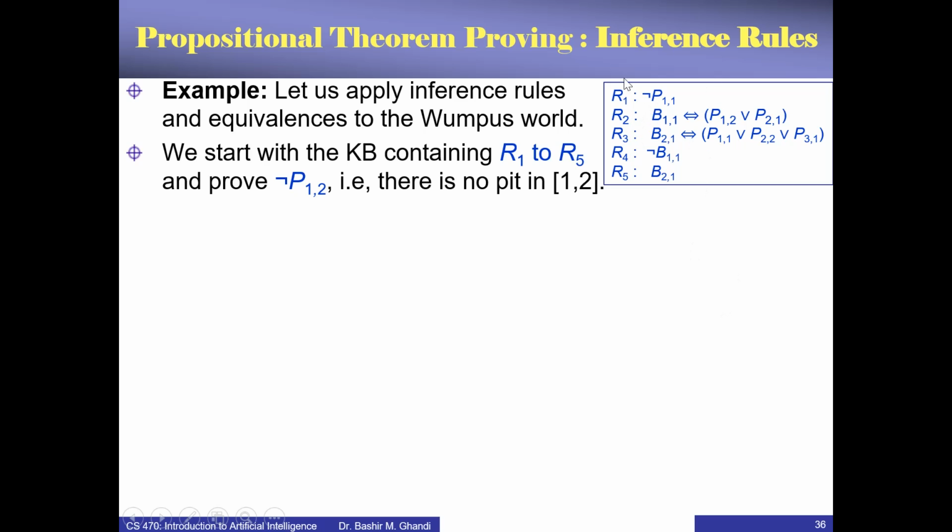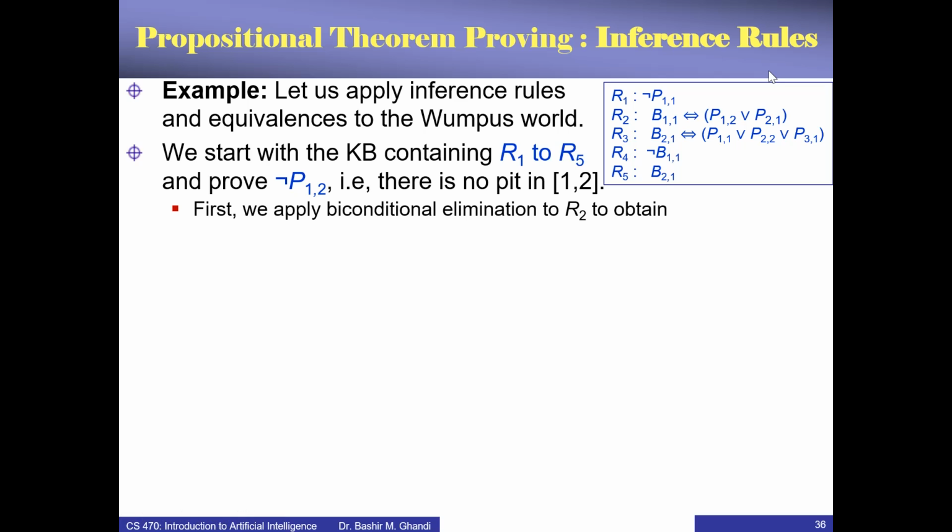I repeated them here just for easy reference. Based on this, we want to prove that not P12 is true, meaning there is no pit in cell 12, just by applying the rules, not using model checking this time, just to show you how this method works.